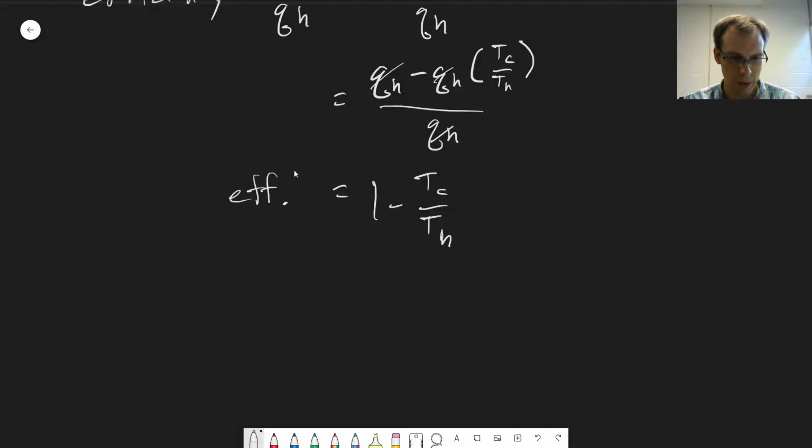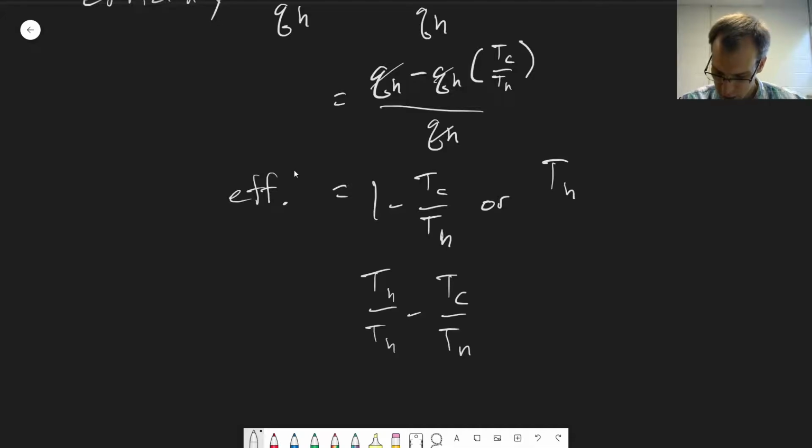And so overall we just get the efficiency is equal to 1 minus TC over TH, or we can say it's the difference. We can rearrange this, multiply by TH over TH. So 1 is equal to TH over TH minus TC over TH, and so we'll get TH minus TC over TH.